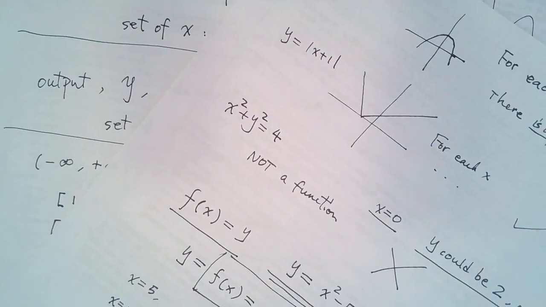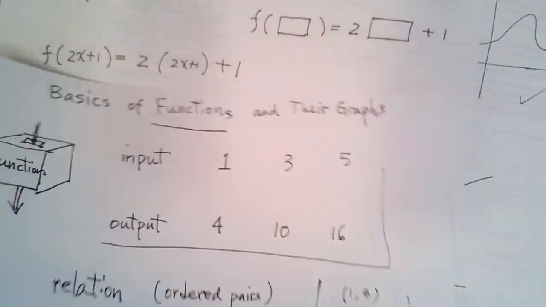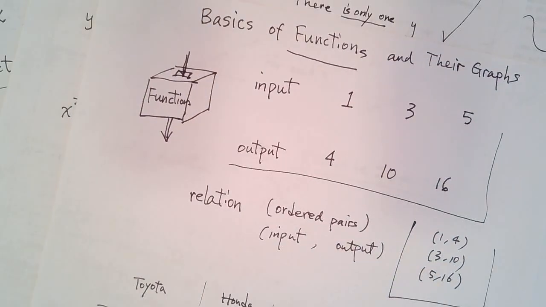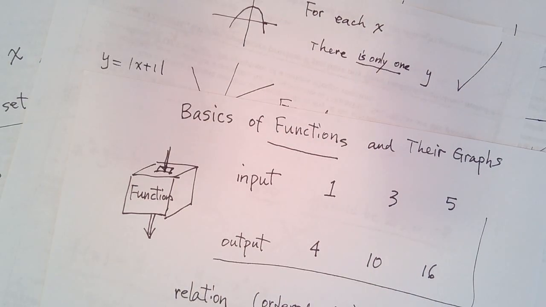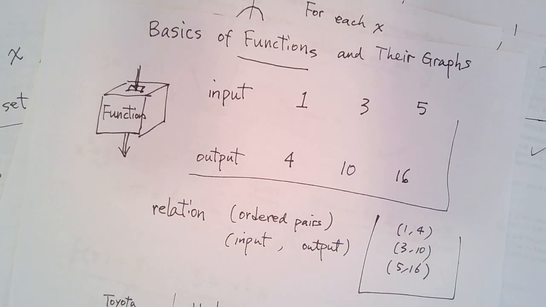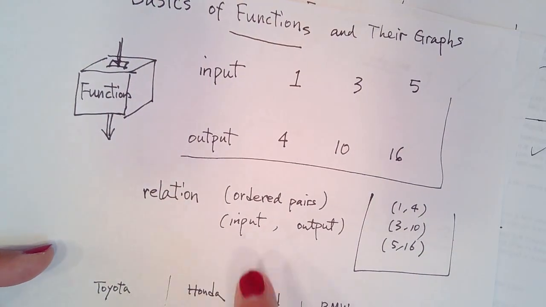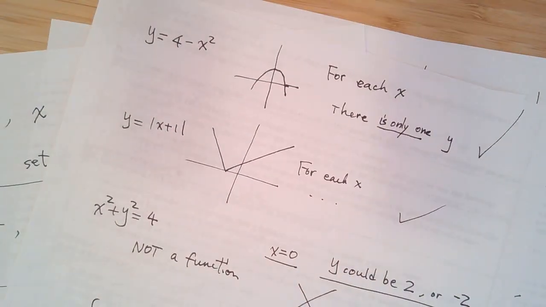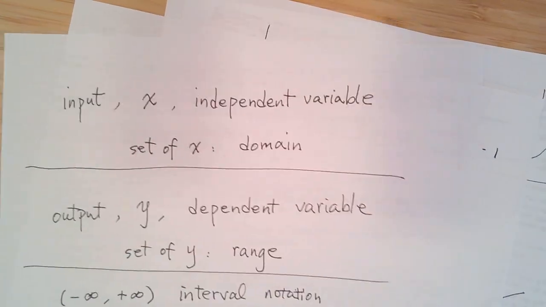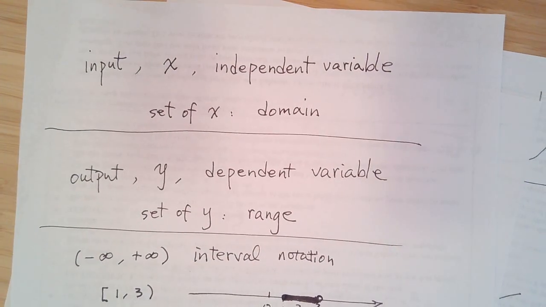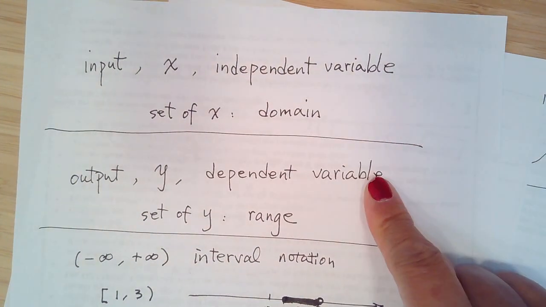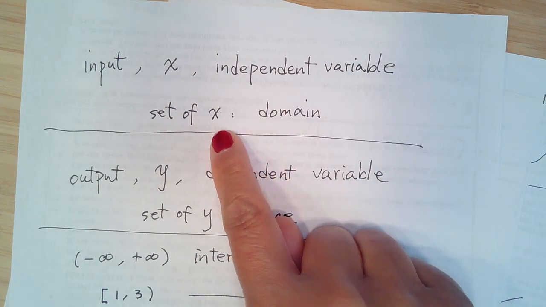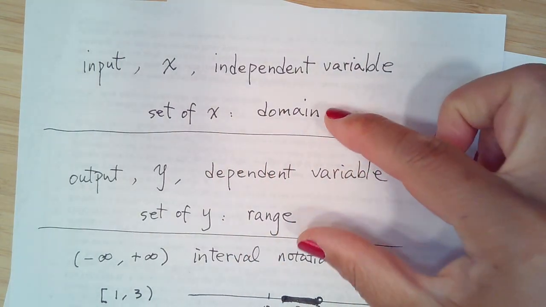Okay, now let's quickly review what we learned today. We learned the basic concepts of functions. We learned input, output, the magic box, where we shake it and get the relationship between input and output, and we have special terms for that. We have input, output, x and y, independent variable and dependent variable, and the whole set of x is called the domain, and the range. We're going to use this a lot.